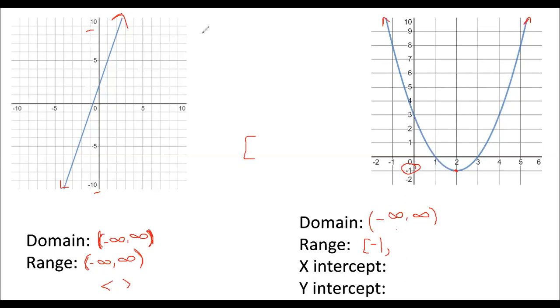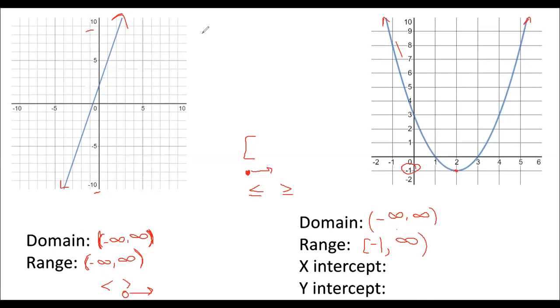Square brackets go with our filled in circles, and with less than or equal to, greater than or equal to scenarios. And if we had an open circle, we would use the rounded bracket. So from negative 1, it goes off infinitely large.